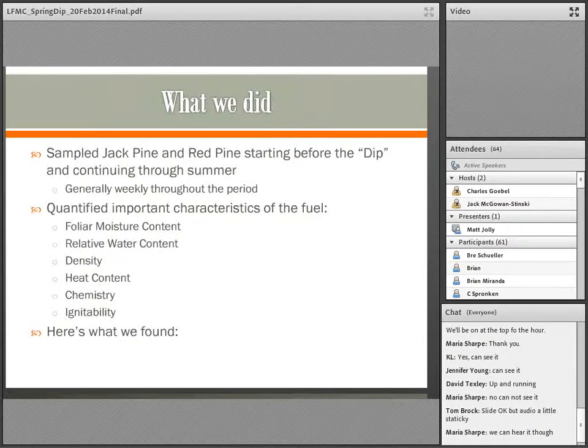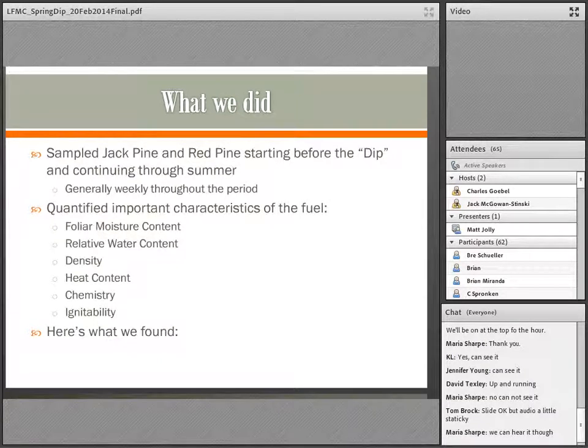So what we did is we sampled jack pine and red pine, starting before the dip and continuing on through the entire year. Our last sample was from January 14th, I think. So John's been diligently out collecting samples in the snow, and it has allowed us to get a full picture of what's happening.